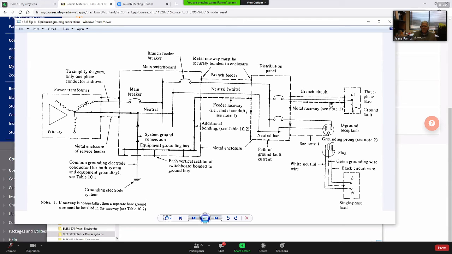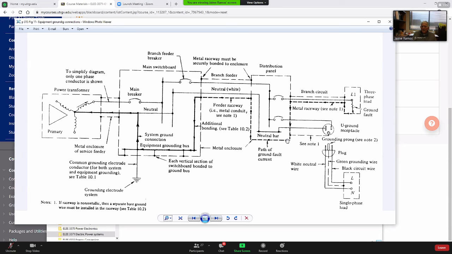So now look, the ground current goes through the metal raceway from right to left. Then it gets to the enclosure of the distribution panel. Look, the neutral bar in the distribution panel is not grounded. Neutral bar not grounded. So everything has to go through the grounding conductors.